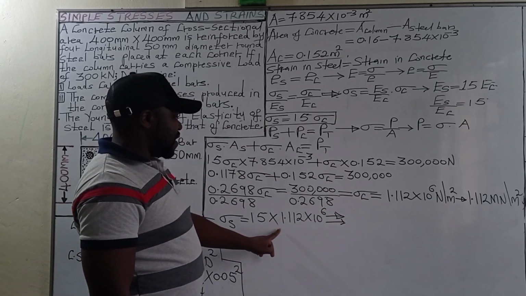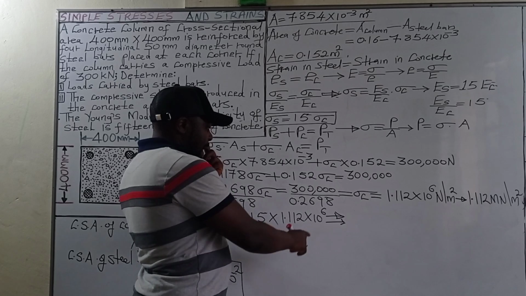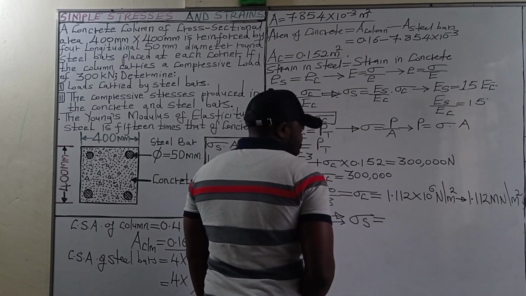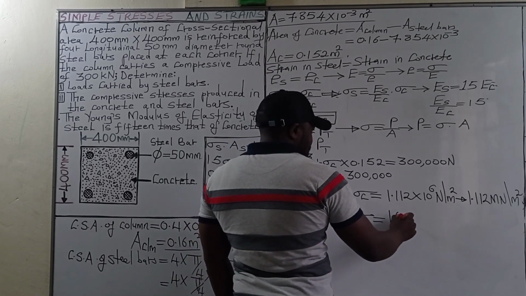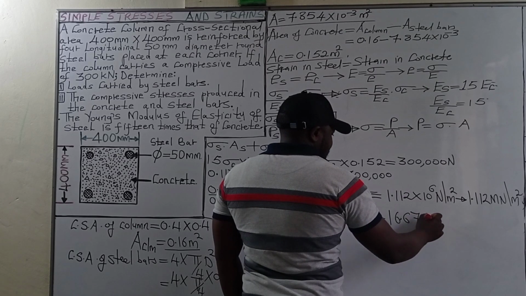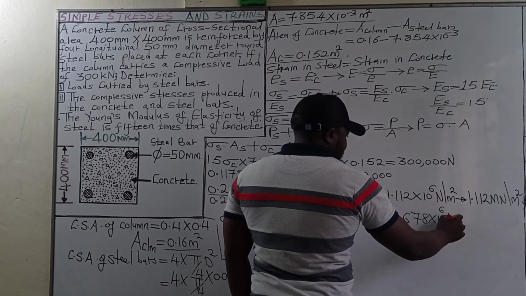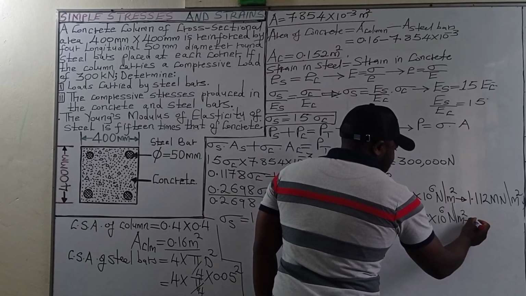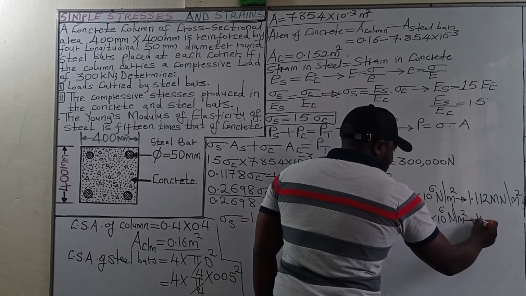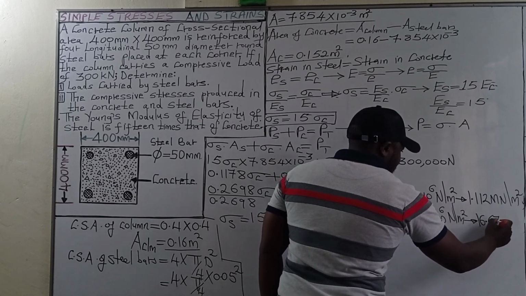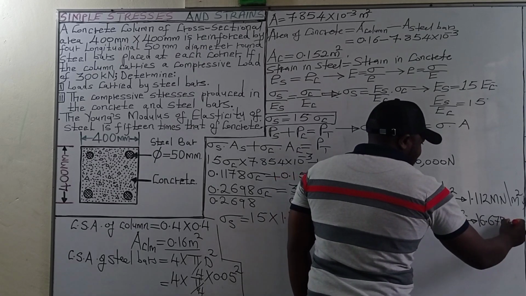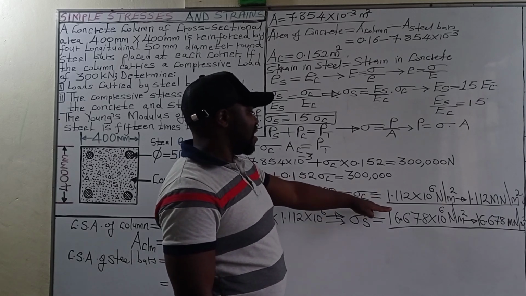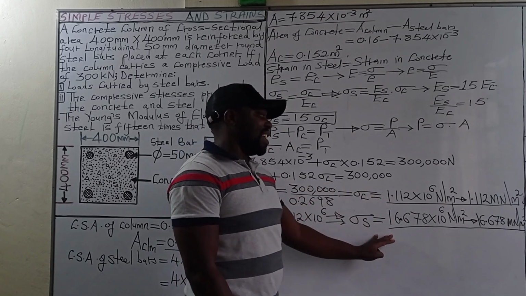So when you multiply 15 times 1.112 times 10 raised to the power of 6, that gives us a stress in steel of 16.678 times 10 raised to the power of 6 newtons per square meter. This can also be rewritten as 16.678 meganewtons per square meter.